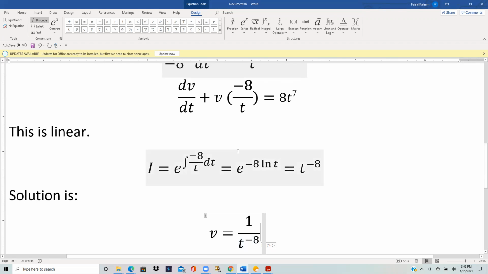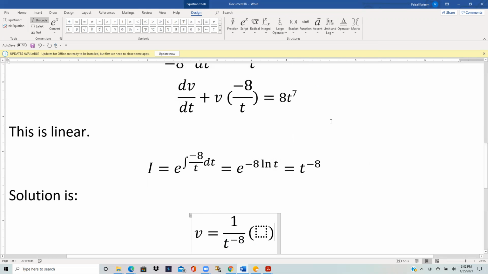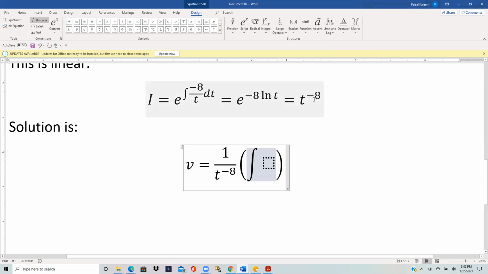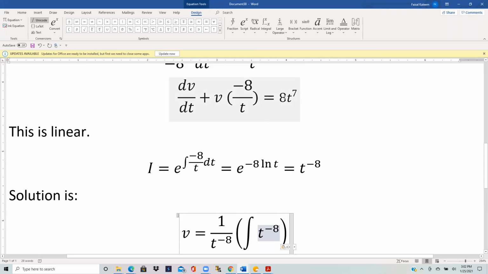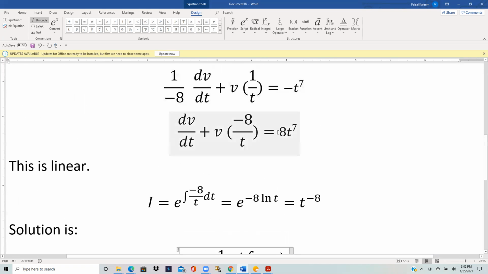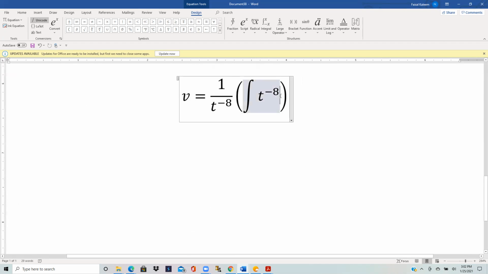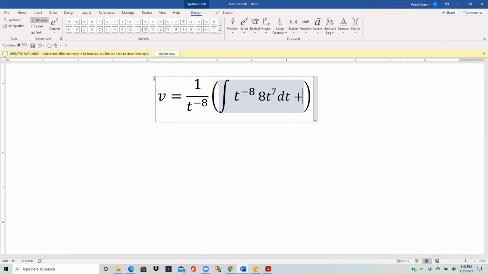Then we have this times the integral of the integrating factor, which is t power negative 8, times the right hand side, 8t^7, dt plus c.